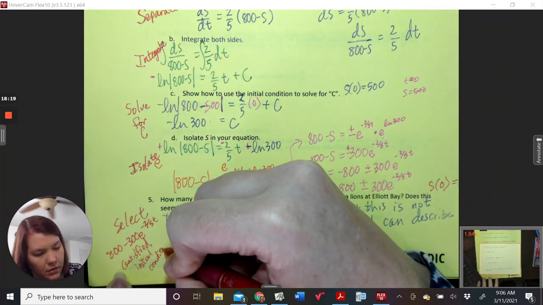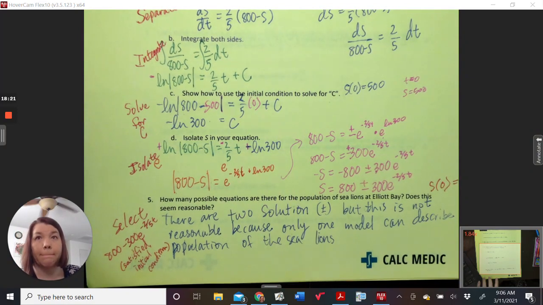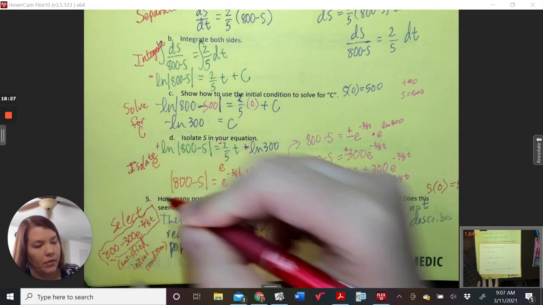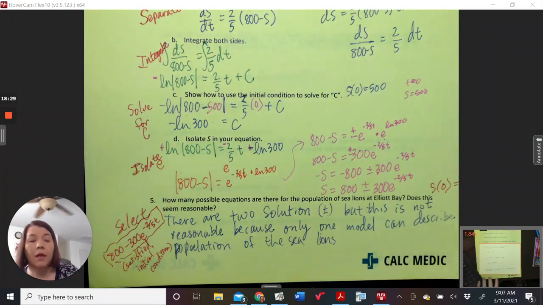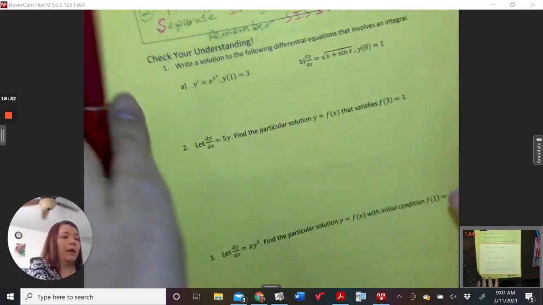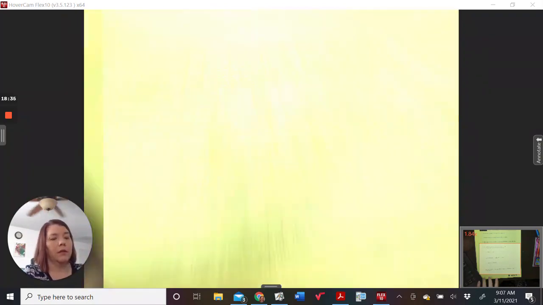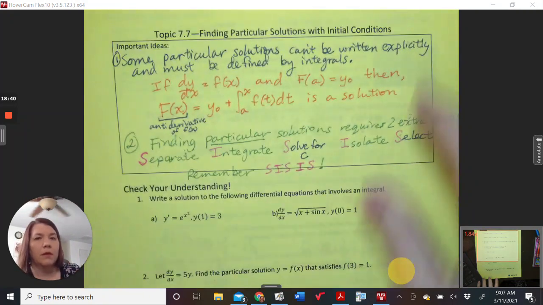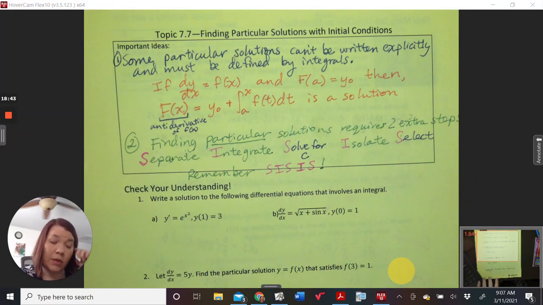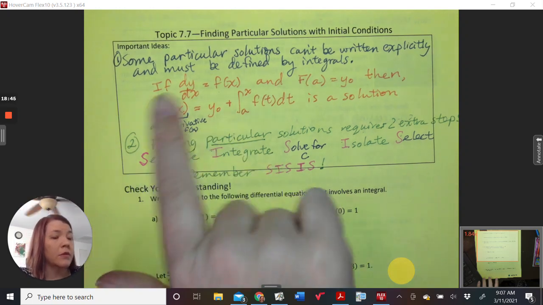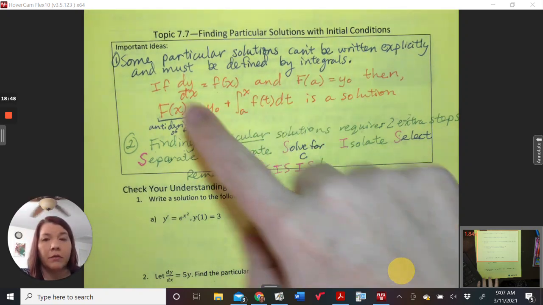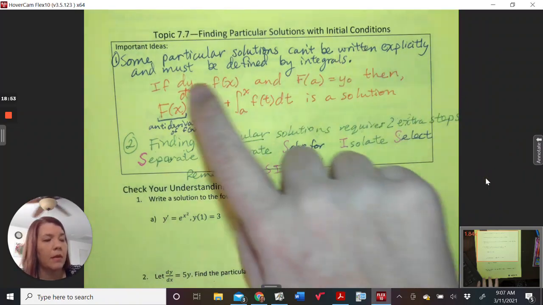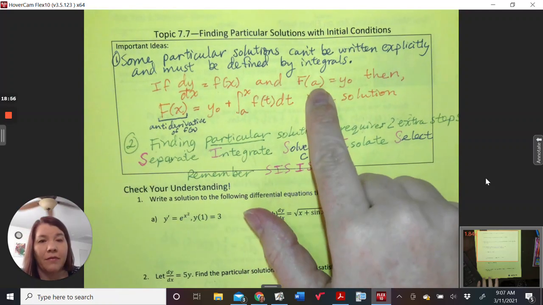Okay. So last but not least, let's take a look at the particular solution. Topic 7.7, finding particular solutions with initial conditions. Some particular solutions cannot be written explicitly and must be defined by integrals. So if dy dx equals f of x and f of a equals y of 0, f of a just means that some initial condition was given.